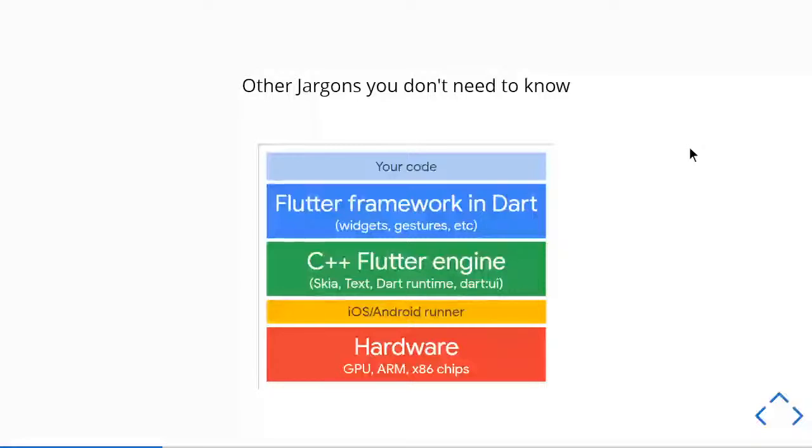What Flutter does is it uses a C++ engine, namely Skia, to render all the UI, so that however complex your app is, whatever animations you are using, it still renders beautifully at 60 FPS without any problem.